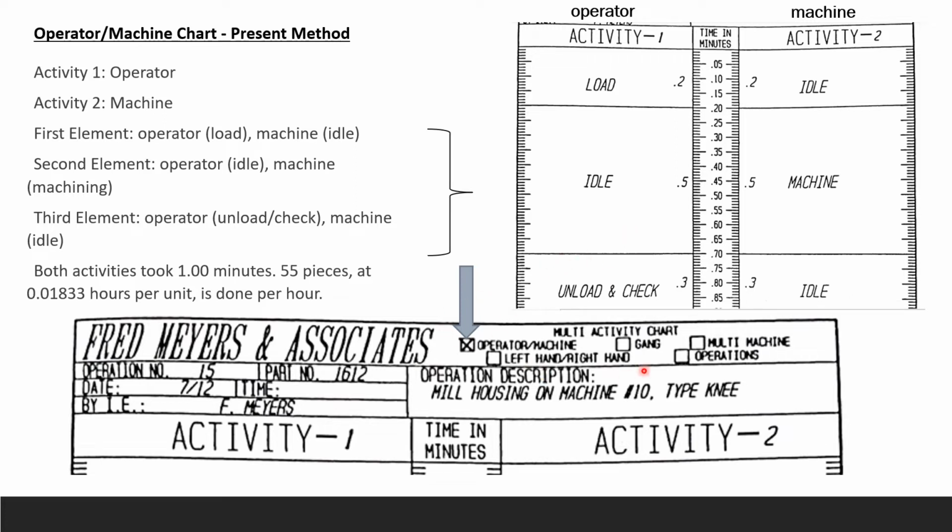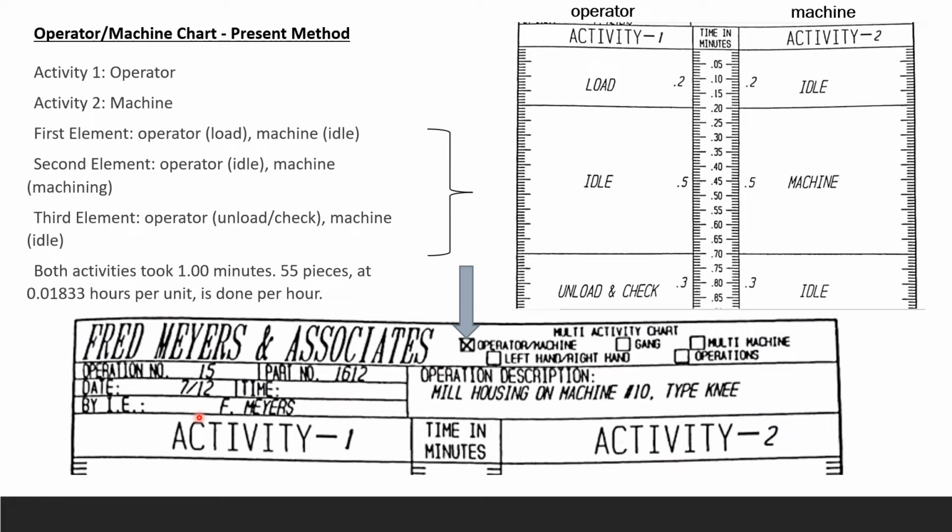So let's take a look at the first part here. We're checking operator and machine because the chart looks like this. The same thing: operation number, part number, date, time, and this is you, the industrial engineer. So your title is going to be that.